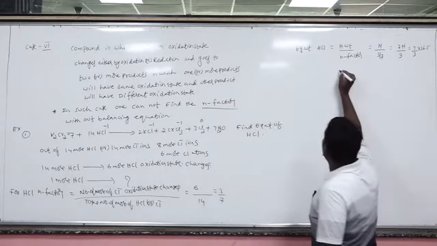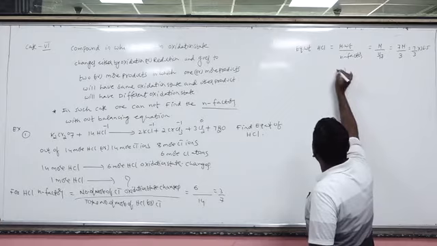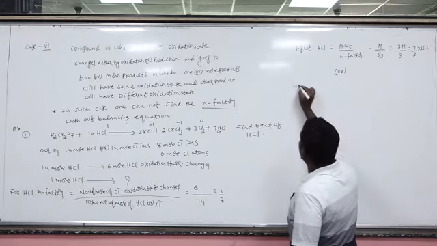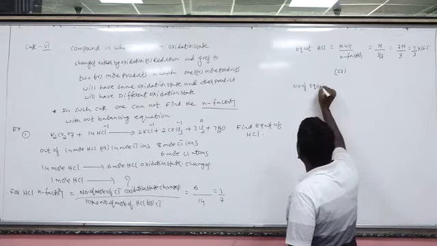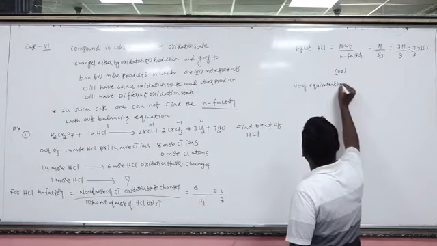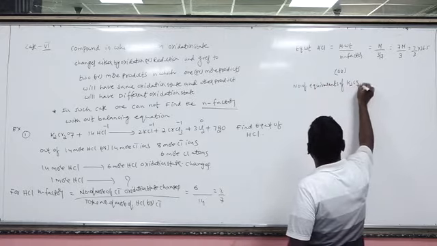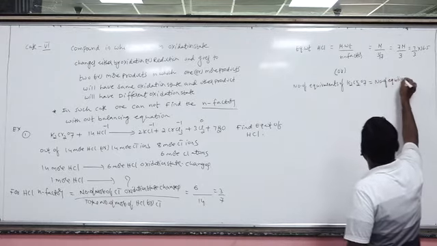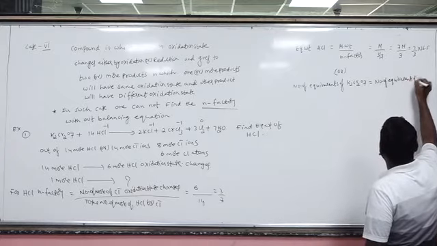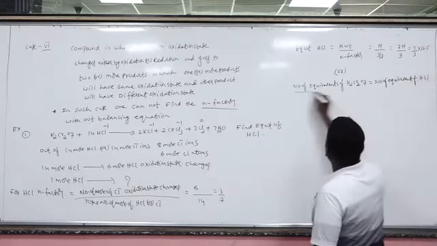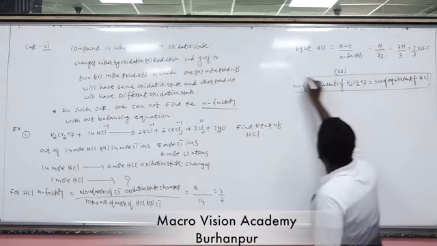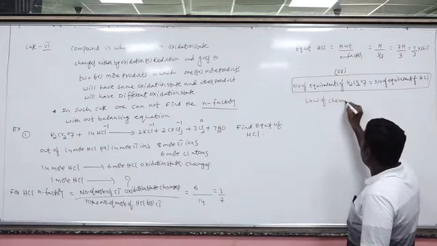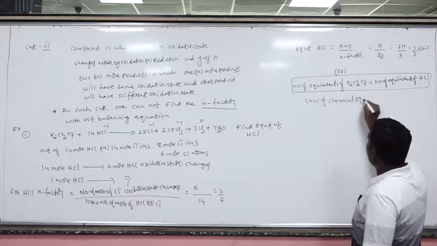Otherwise, we can also calculate the n factor by a second method. What is the second method? The number of equivalents of potassium dichromate is equal to the number of equivalents of hydrogen chloride. Now we know the law of chemical equivalence.